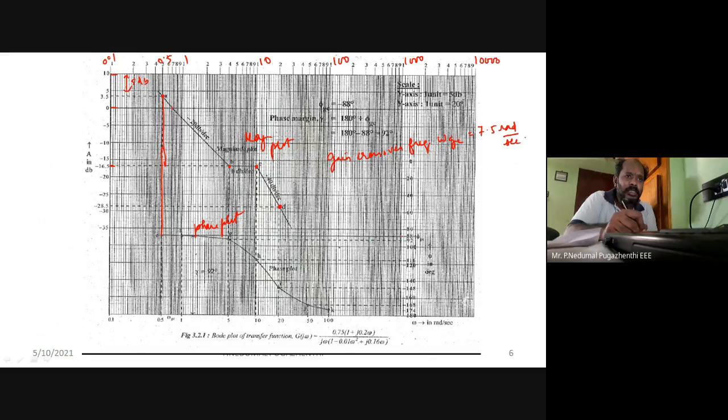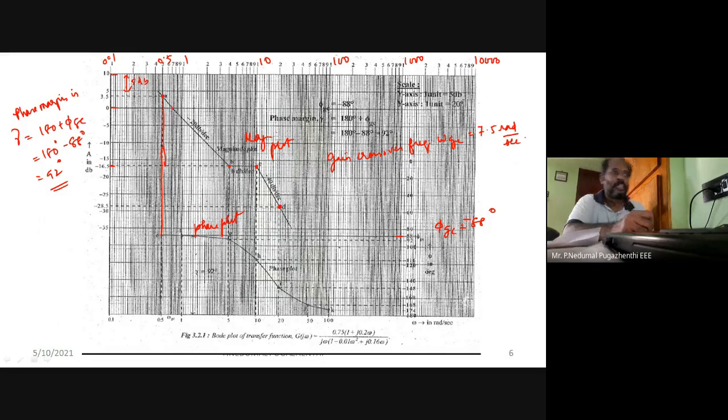You can see that here you are getting phi GC equal to minus 88 degrees. So what is your phase margin? Phase margin gamma is equal to 180 plus phi GC. So 180 degrees minus 88 degrees will give me 90 degrees. That is my phase margin.